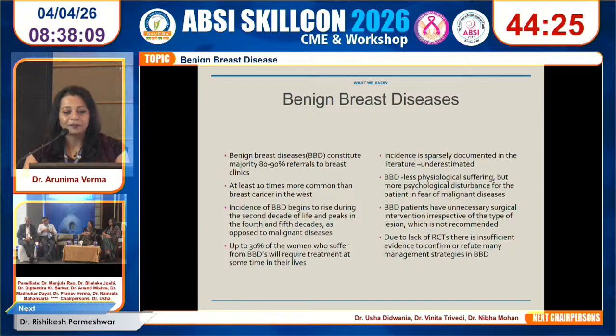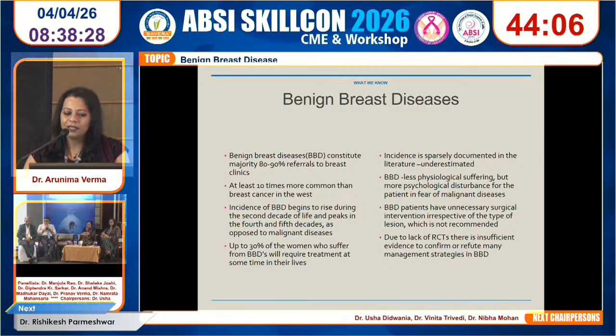To start with, as ma'am already said, benign breast diseases constitute 80 to 90% of referrals to the breast clinic, and they are 10 times more common than breast cancer. However, due to lack of RCTs, there is insufficient evidence to confirm or refute many management strategies in benign breast diseases.